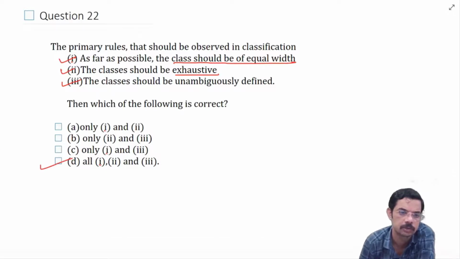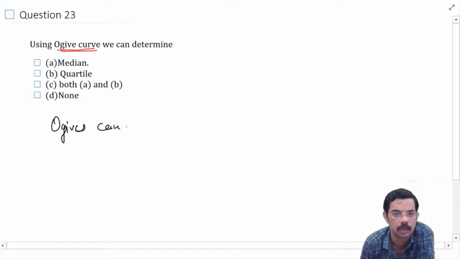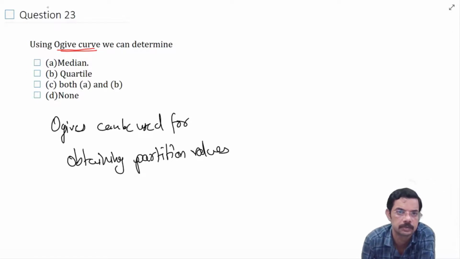Next question, question number 23. Ogives can be used for obtaining partition values. Median is a partition value, quartile is also a partition value, so both of these answers will be correct.